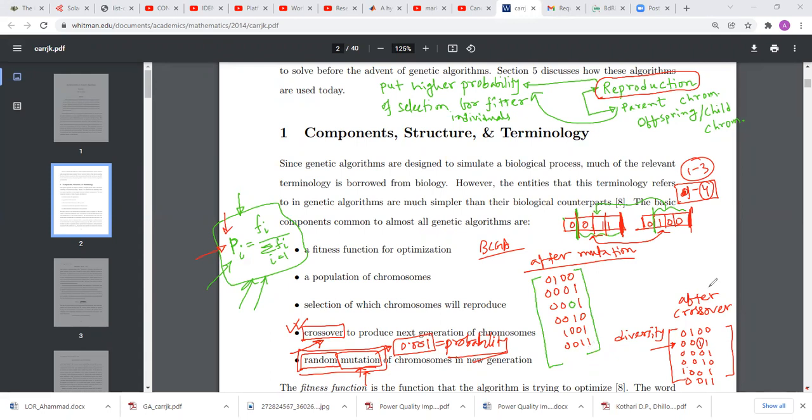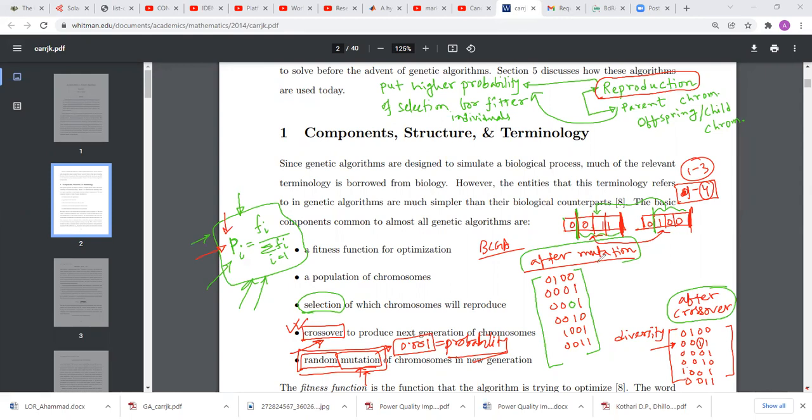So in the reproduction we have two stages. The first stage is crossover, the second stage is mutation. Before this, what we have to do? You have to do selection. How do you do it? You calculate the probability following this formula for each individual, and then you follow the Roulette wheel selection.